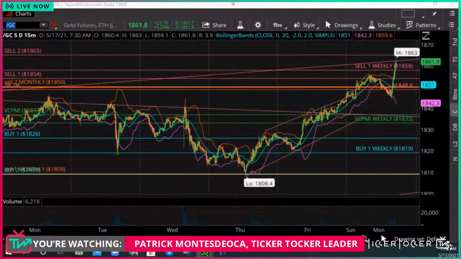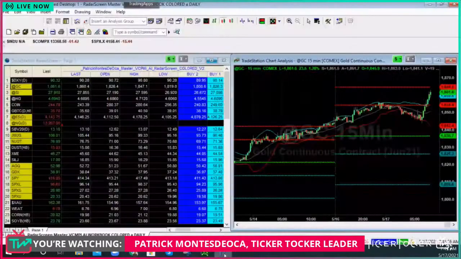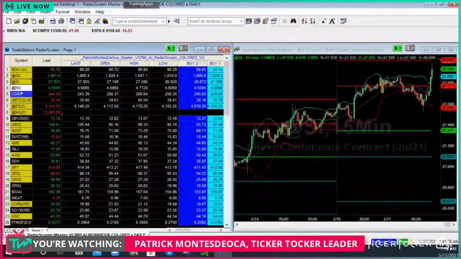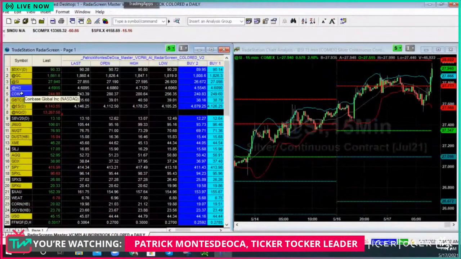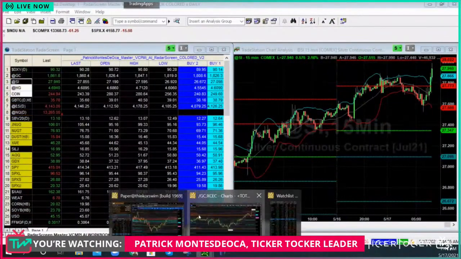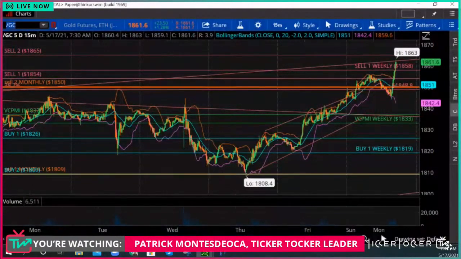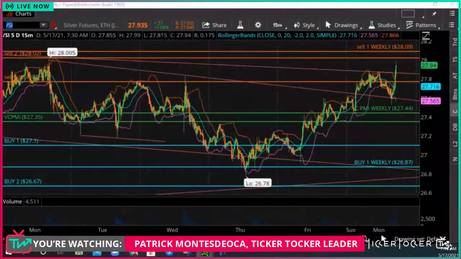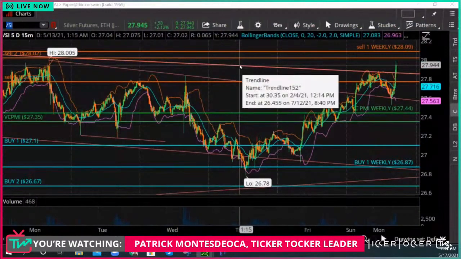A close below 1858 will activate a weekly short trigger. Very, very strong, I would say, resistance.